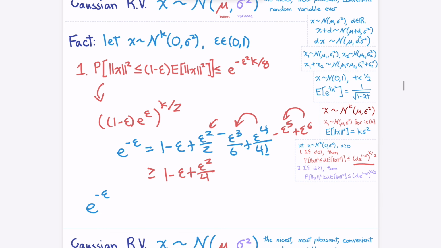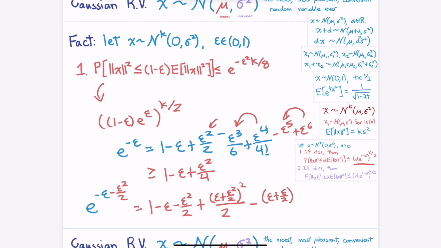So if I compare it to e to the negative epsilon minus epsilon squared over 2, then you would start getting stuff like 1 minus epsilon squared over 2, plus epsilon plus epsilon squared over 2 squared over 2, and epsilon plus epsilon over 2 cubed over 3 factorial, and so forth.